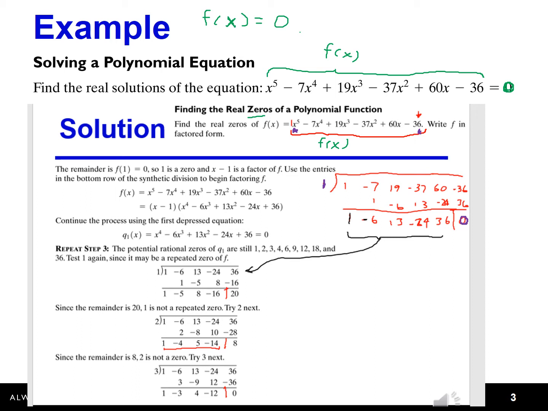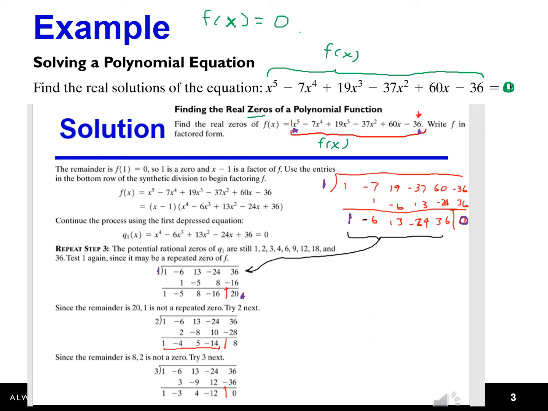Then we took the depressed polynomial, 1x to the fourth minus 6x cubed plus 13x squared minus 24x plus 36, and we tried 1 again to see if maybe it was a double solution, but we did not get the zero remainder, and so it was not.